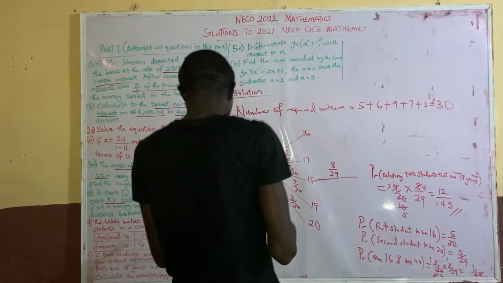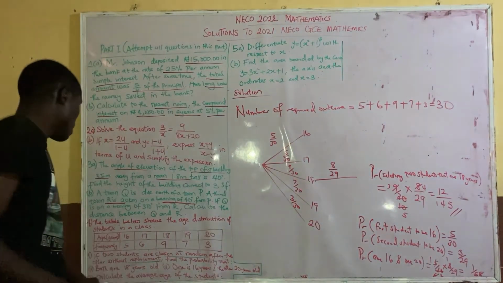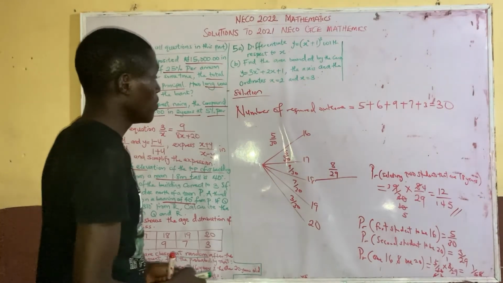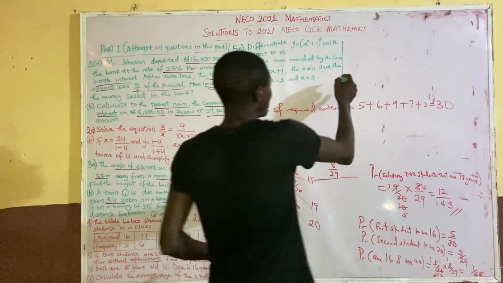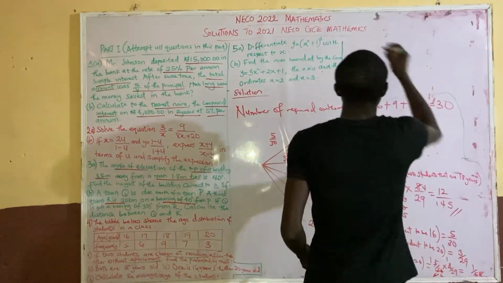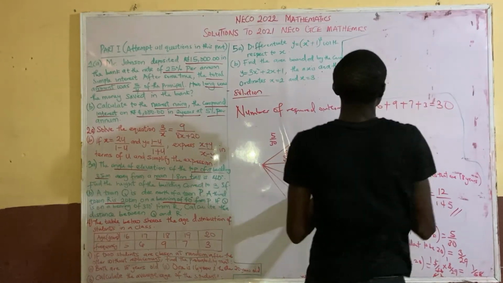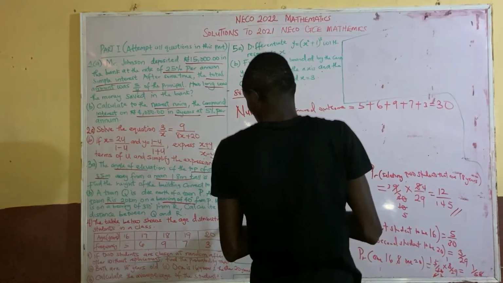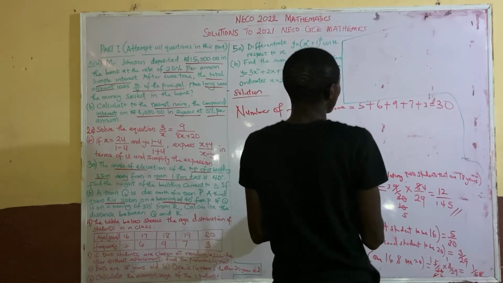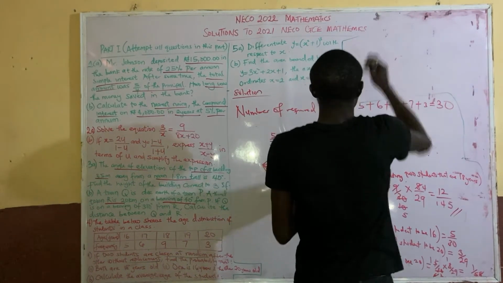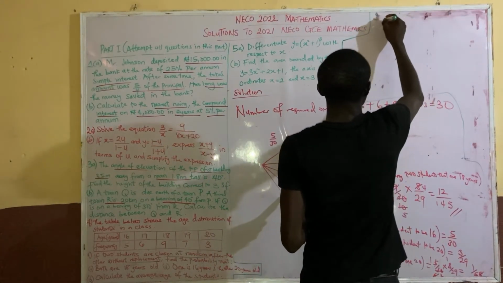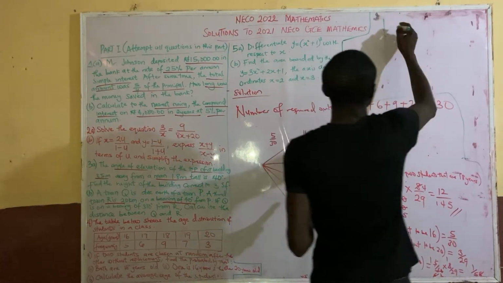Now the second aspect of the question is to calculate the average age of the students. Let's try and manage this one. So now just quickly drag out this.